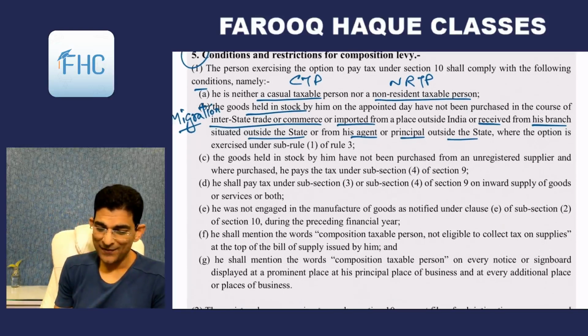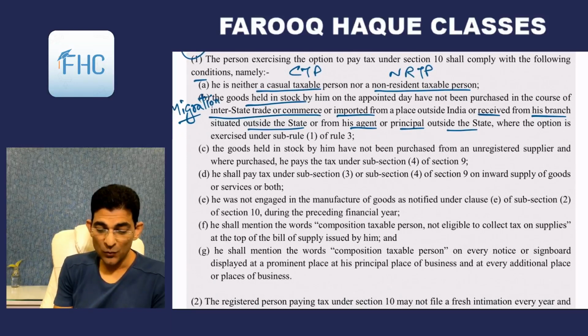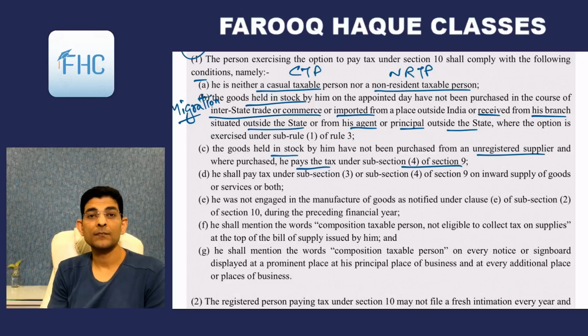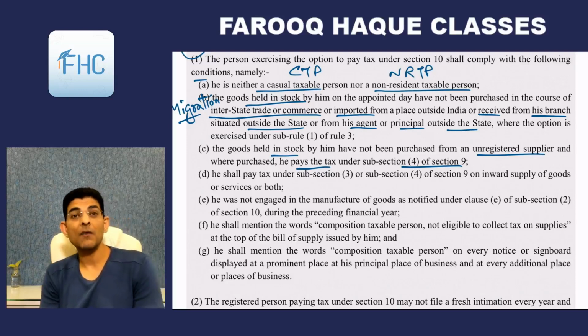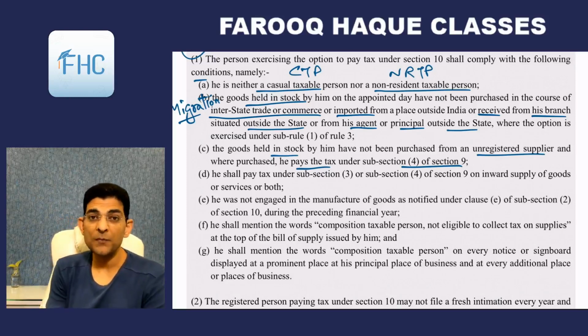Okay. Then C, the goods held in stock by him have not been purchased from an unregistered supplier, and where purchased he pays tax under 9(4) for the notified goods, which are covered by 9(4). So you should not have purchased goods from unregistered dealers.